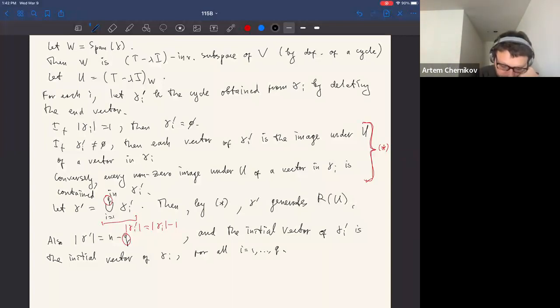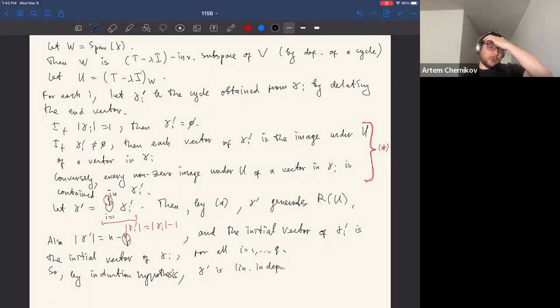Okay. So by the induction hypothesis, we have that gamma prime is linearly independent, right? Because we have the same situation. Each gamma prime is a cycle for U, and the initial vectors are linearly independent because they're the same as the initial vectors of the gamma i's, which were linearly independent by assumption.